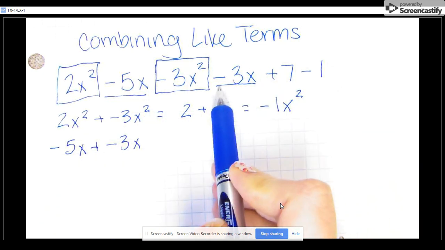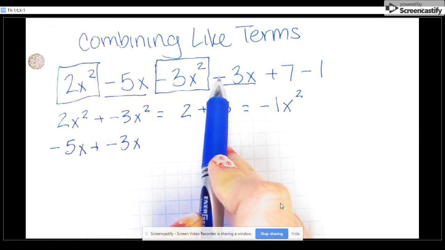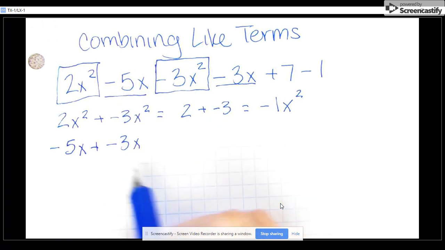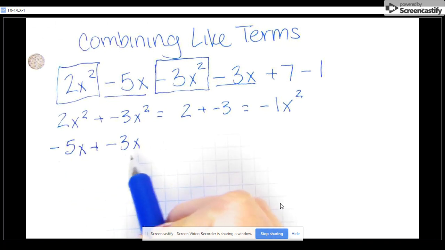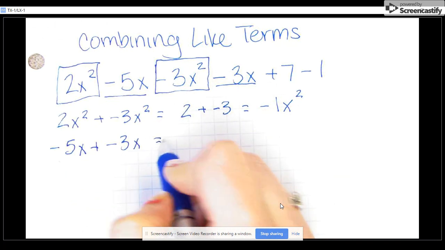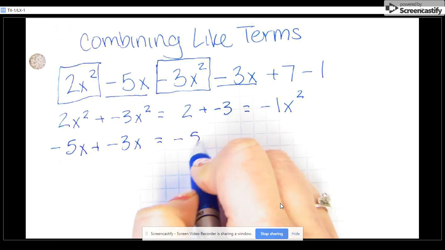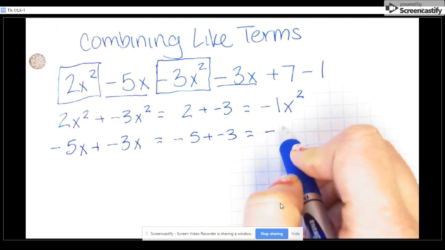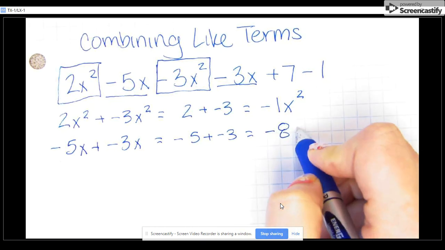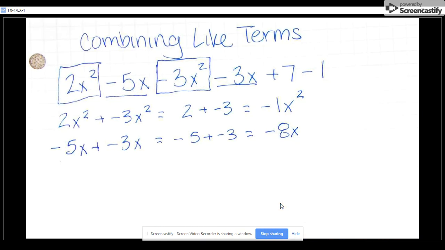So notice how I'm including the sign in front. That is very important. So right now I have -5x plus -3x. That's just like saying -5 plus -3 equals -8. I'm going to bring that x along for the ride.